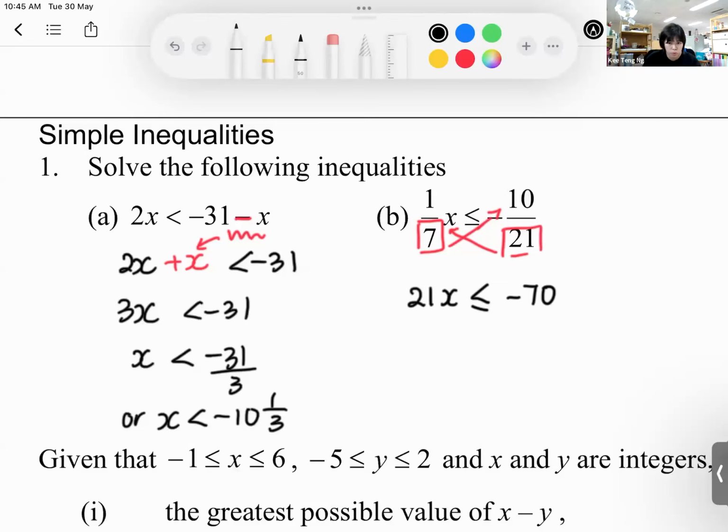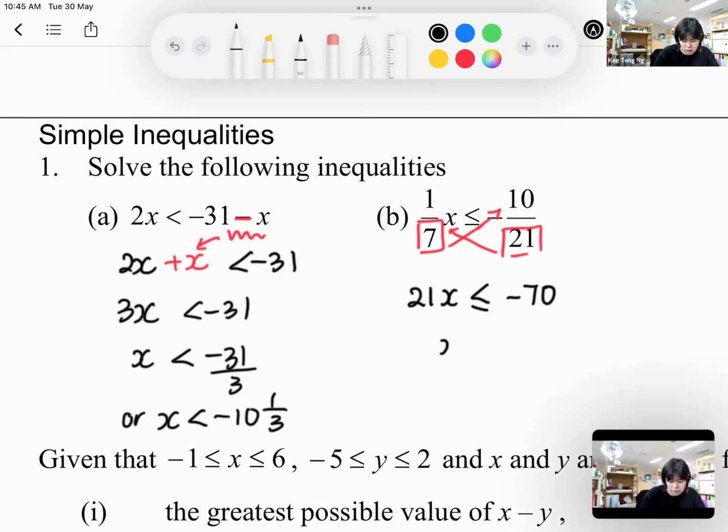The direction plays a very important part. The position will be very different. Then now we change this to x itself: negative 70 divided by 21. The answer may not be a nice number. You can leave it as an improper fraction, or you can leave it as a mixed number.